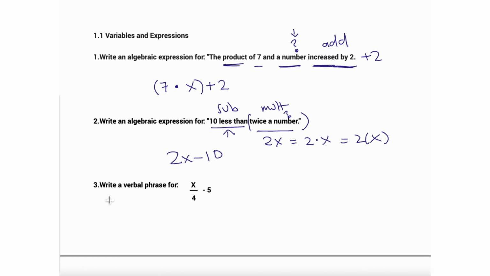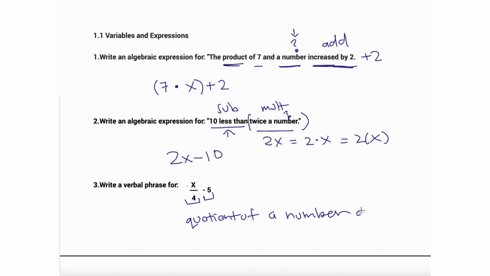Okay, the third example, it says write a verbal phrase for x over 4 minus 5. So this, I'm going to break it into 2 parts. So this, I could say a quotient of a number, because it's division, right?